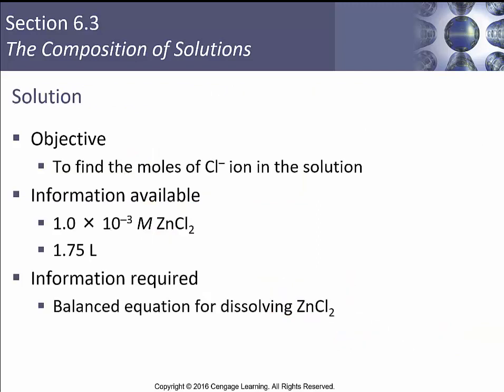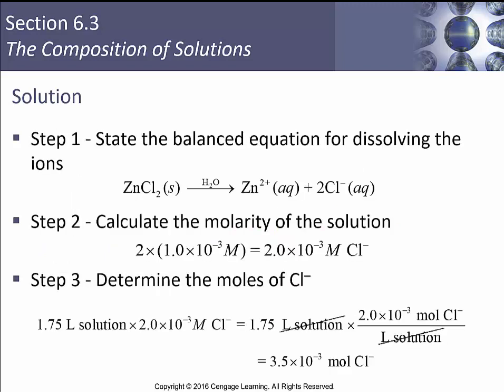Make sure you look at what you are trying to solve for. Find the moles of chloride ion in solution. We're told that we've got a concentration of zinc chloride and we've got a volume. If I've got a volume and a concentration, I've got moles. We're going to need a balanced chemical equation for dissolving the zinc chloride: zinc chloride in water gives us Zn2+ and 2 Cl minus.